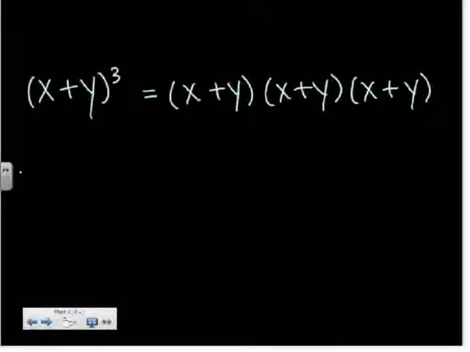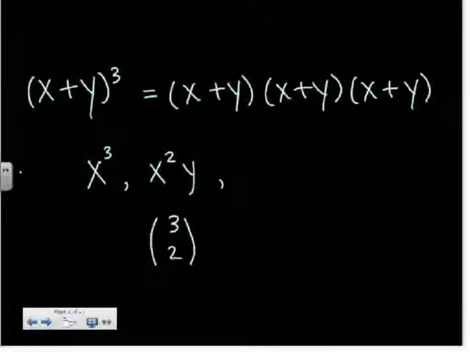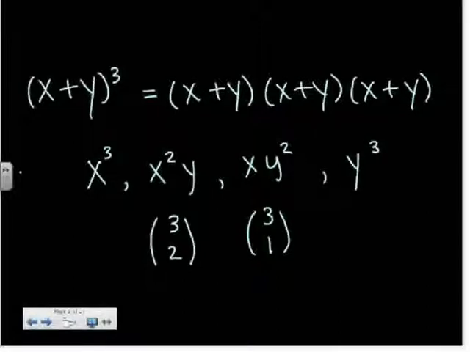These terms are in the forms x cubed, as x must be chosen in each of the sums; x squared y, where x is chosen in 2 of the 3 sums, so x must be chosen in 3 choose 2 ways; xy squared, where you pick one of the three to be x, and you have 3 choose 1 ways; and finally, y cubed. The only way to obtain a y cubed term is to choose y for all three.